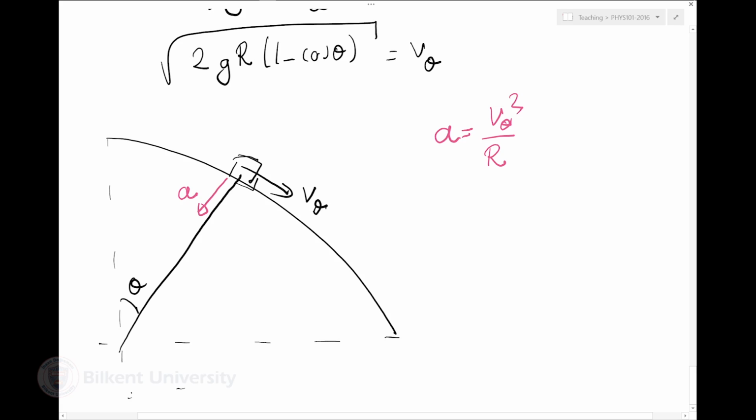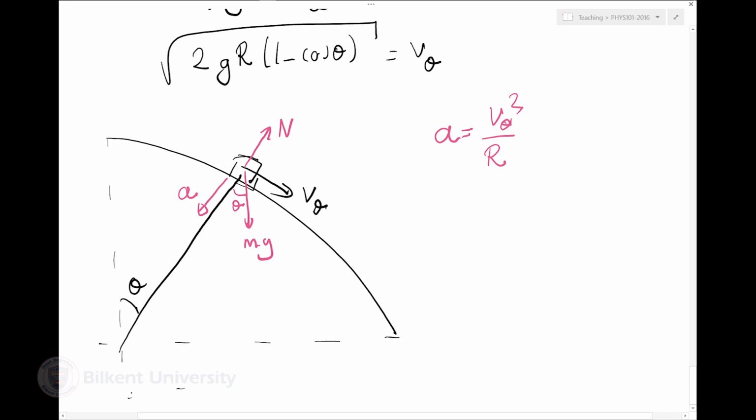This acceleration must be caused by some forces. What are the forces acting on my mass? I only have two forces. One force is mg, which is making an angle theta. The other force is the normal force, and the normal force is always perpendicular to the plane.